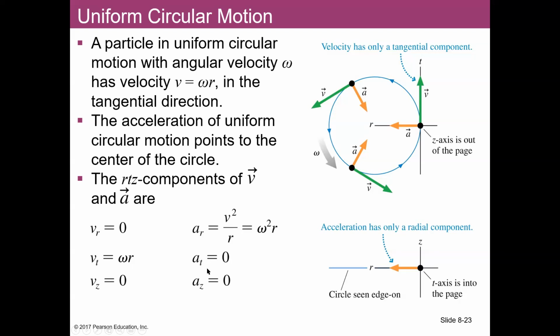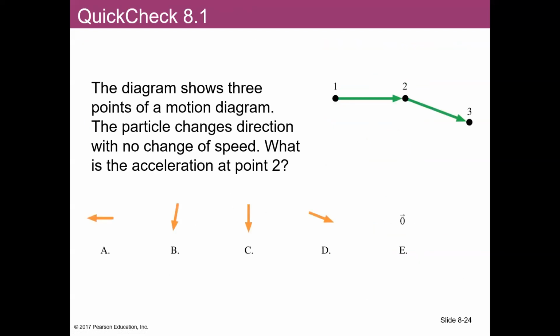Then that will be non-zero. That's addressed in the final section of this chapter. A sub z is also always 0, like v sub z. It's defined to be 0. So that's our useful coordinate system for velocity and acceleration.